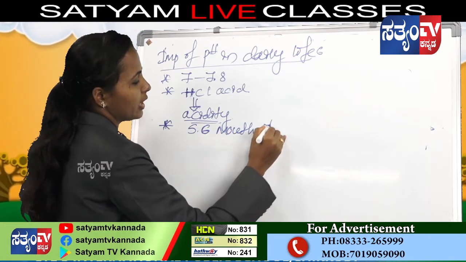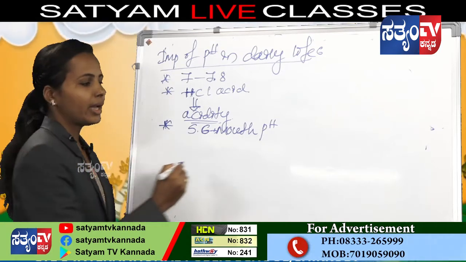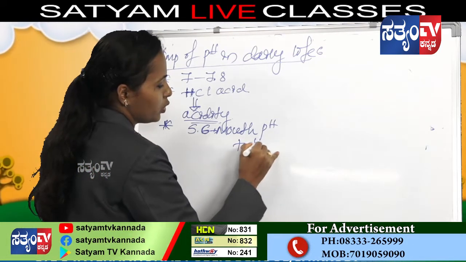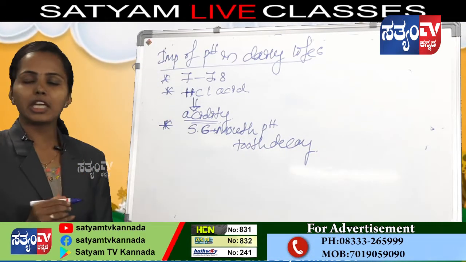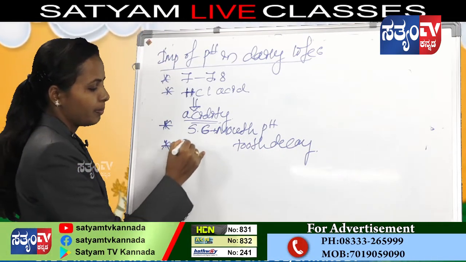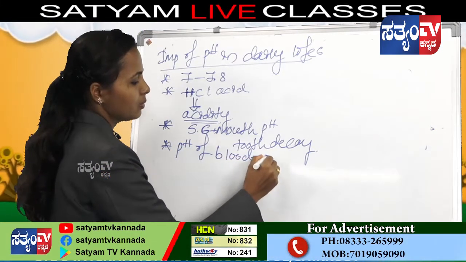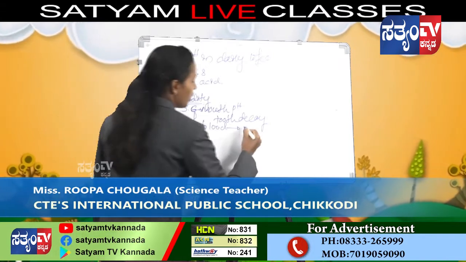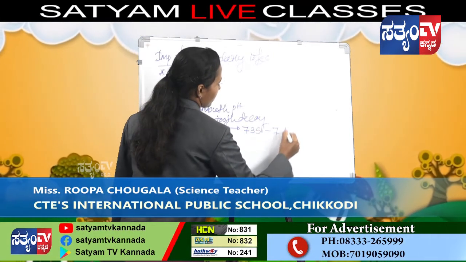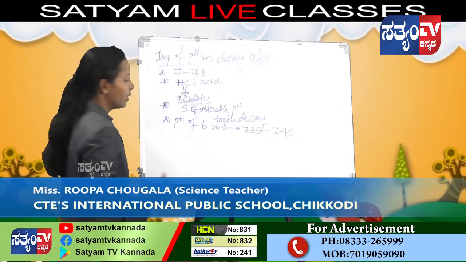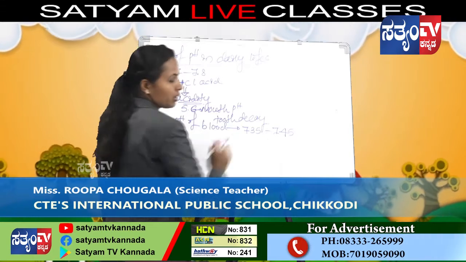And the pH of our blood is 7.35 to 7.45. The pH level of our blood is 7.35 to 7.45.